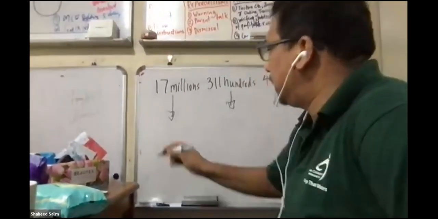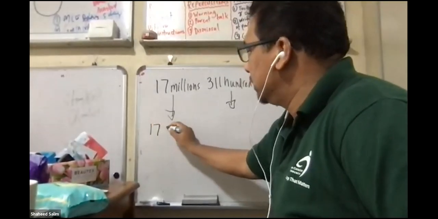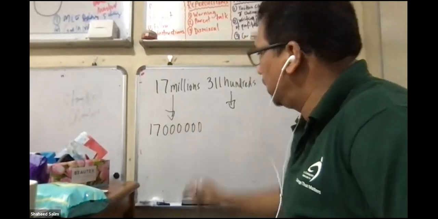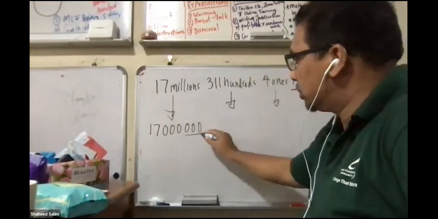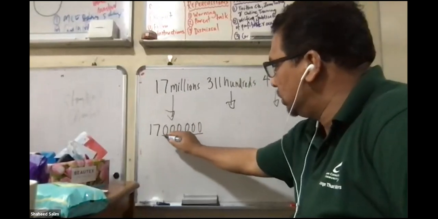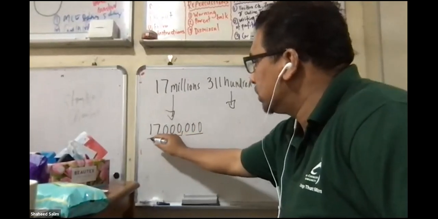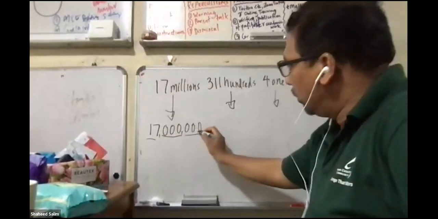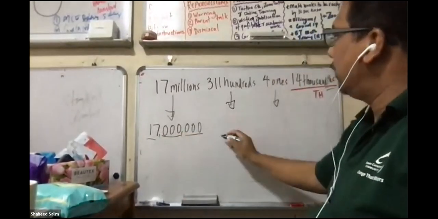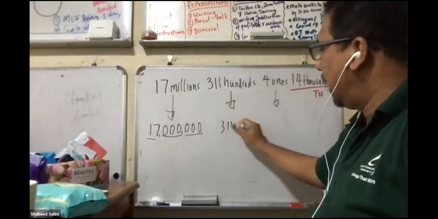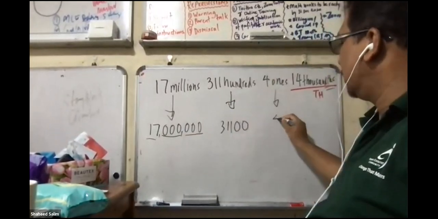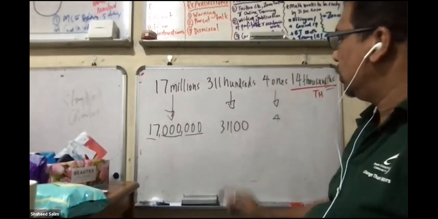Now, this is 17 million, right? 17, 6 zeros behind. Million, there's 6 zeros. You can count 3 zeros, 3 zeros. So can you see 17 million? That's one way to check. Count 3, 3. 300 and 1100. 100 is 2 zeros. 4 ones is just 4. So you put this down here.